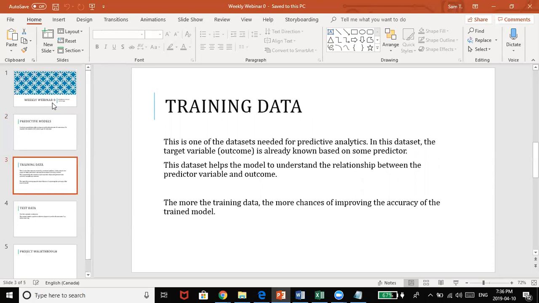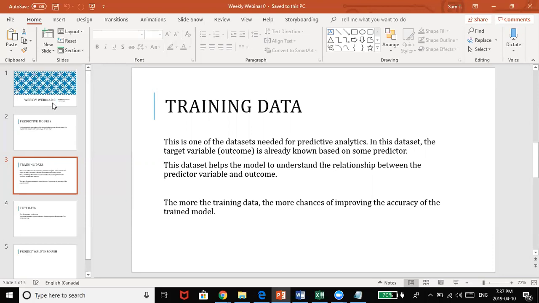As I said earlier, your training data set is one of the data sets that would be needed for predictive analytics, and it has to contain a target variable and a predictor variable. The target variable and the predictor variable would help your model understand the relationship between both variables. And by so doing, you can use that model to predict on another data set.